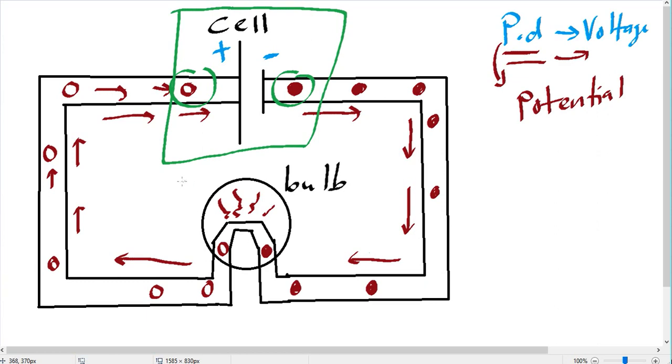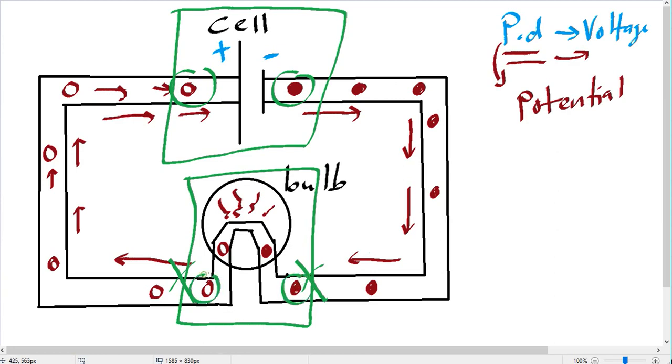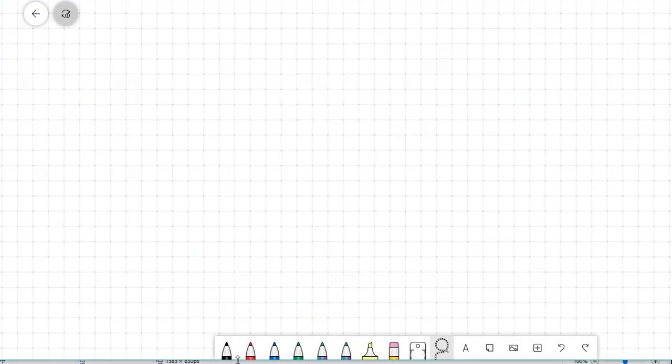And then if you look at the potential difference at the bulb, 2 points, this point here and this point, you see that this charge has more energy than the charge leaving. So this way you are able to look at the potential difference, the difference in energy, at every single component. Now in terms of definition, let's have a look at how we can define that.